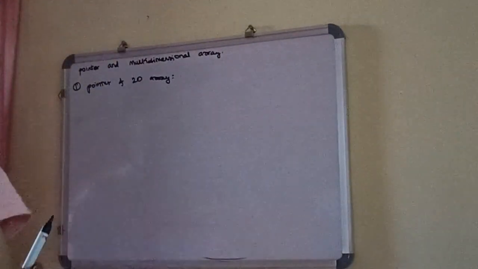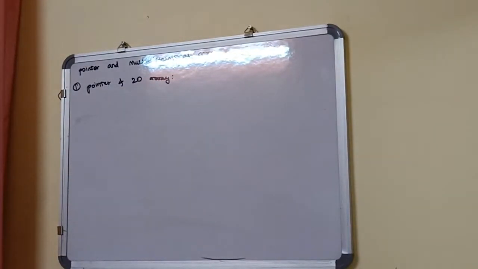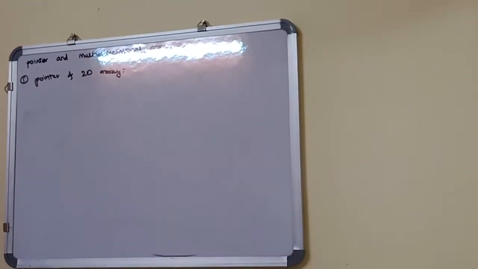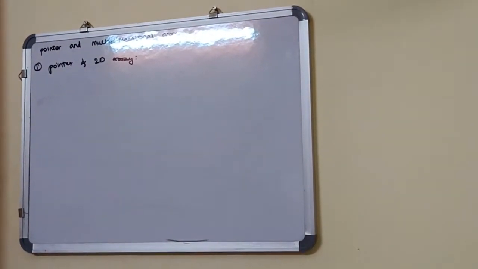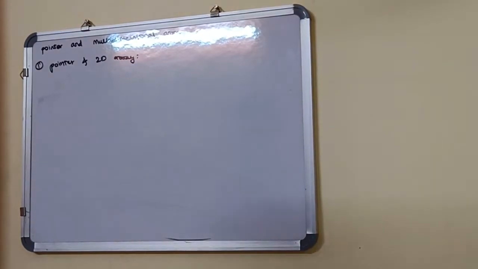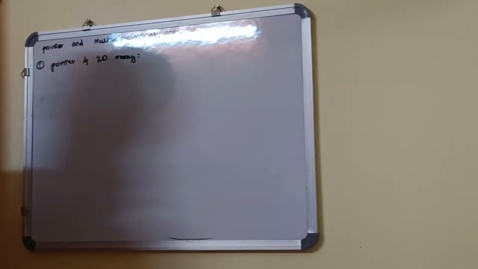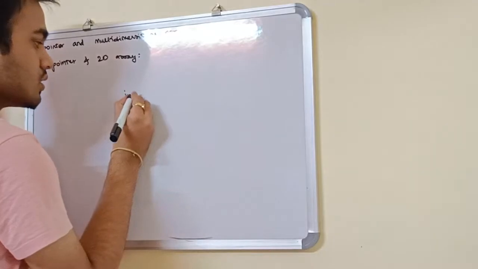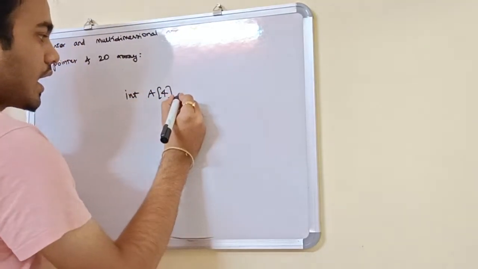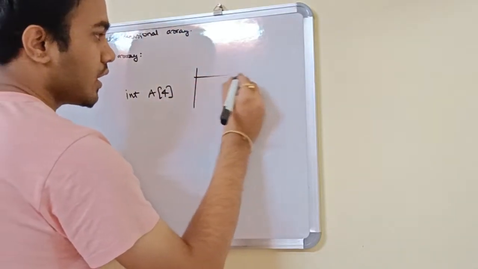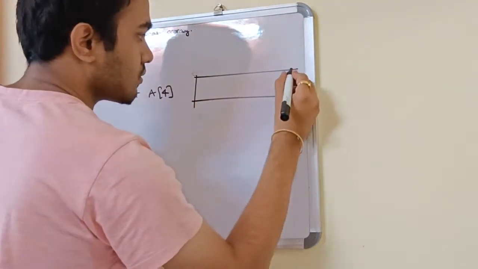Now we will see a 3D array. Okay, before going to that, let's take one more challenging task. Let's take an int array of size 4, and it is something like this.